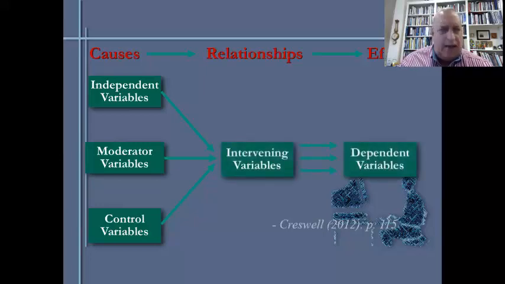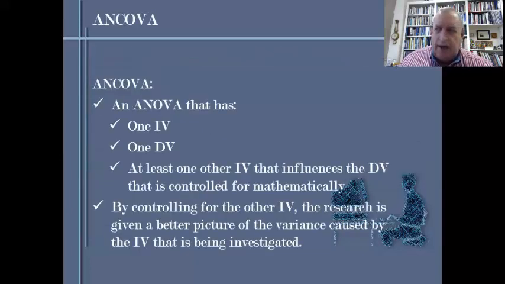Remember, we can't control for that, but there are some variables out there that are going to impact the effect that happens when we get to the dependent variable. So we're looking at independent, moderator, and control variables, which don't change during the research project, and then the dependent variable, which does change during the research project. It's the dependent variable's change that shows the differences in the groups we're looking at.